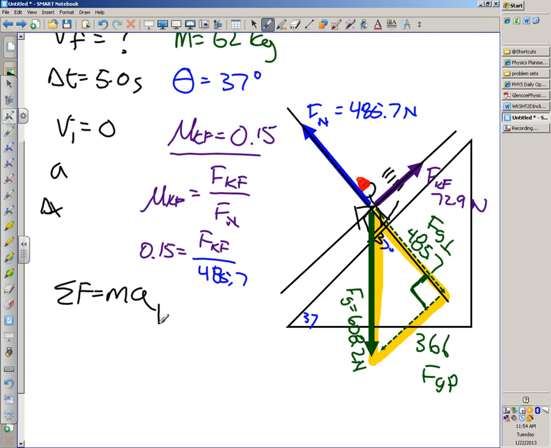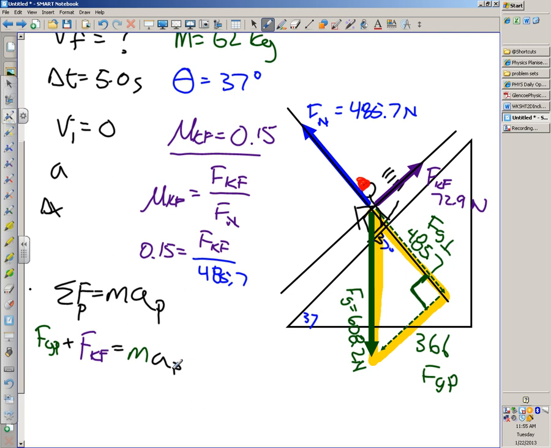Parallel. So we only want parallel forces. How many forces are there parallel to the ramp in this picture? There are two. There is F of g parallel plus FKF, which has to equal the mass times parallel acceleration.